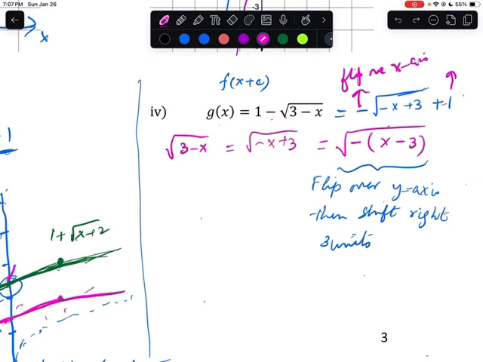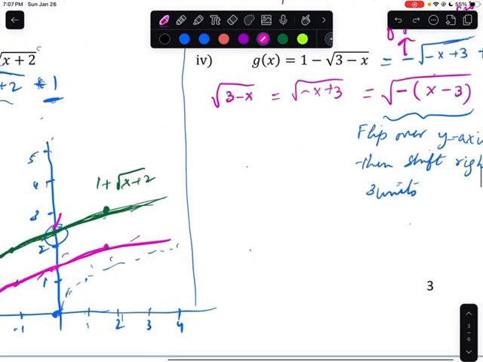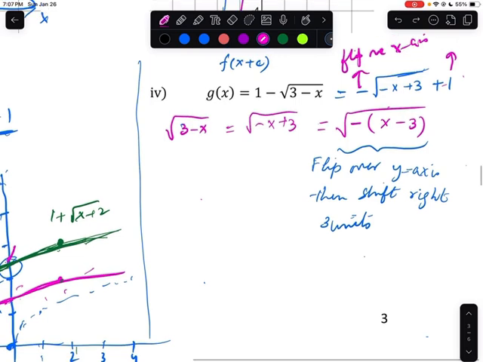Okay, now notice that inside, 3 minus x can be written as negative x plus 3, and then we can pull out the negative sign, and inside I get x minus 3.